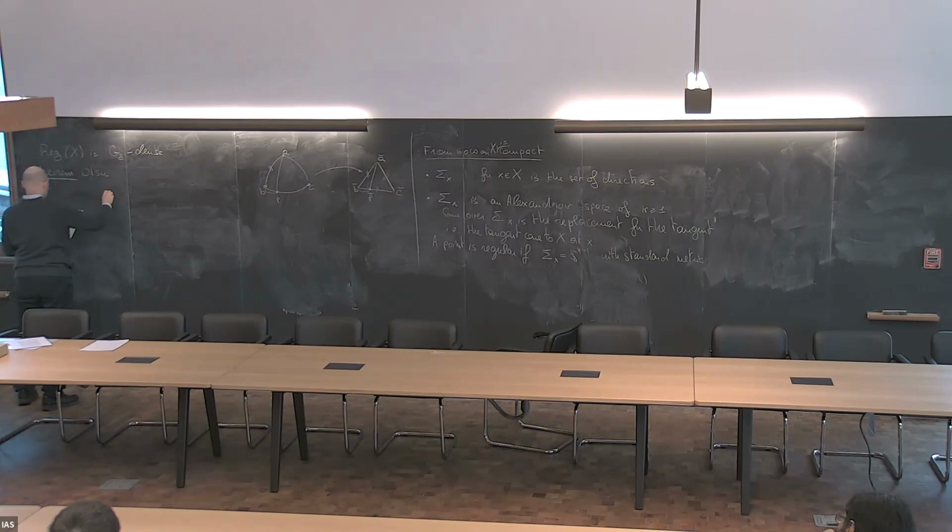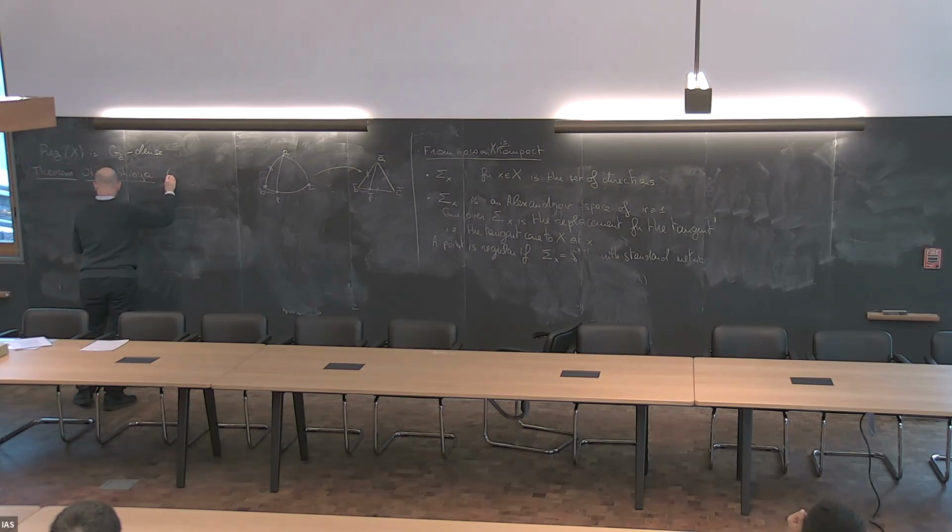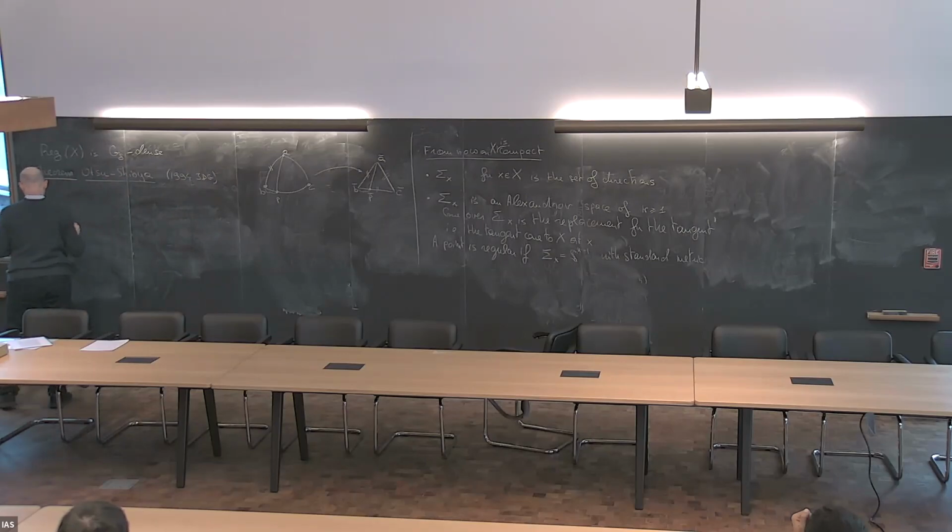That's actually Otsu and Shioya in JDG, 1984. The dimension of the complement of the regular set is actually equal to n minus 1.